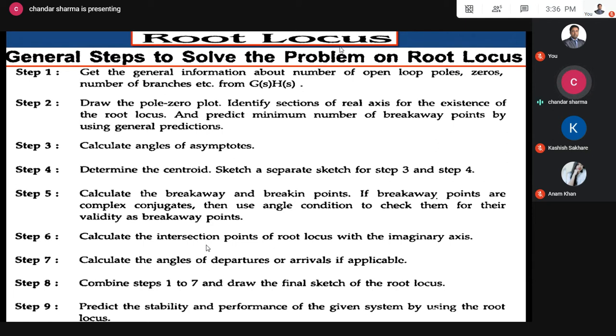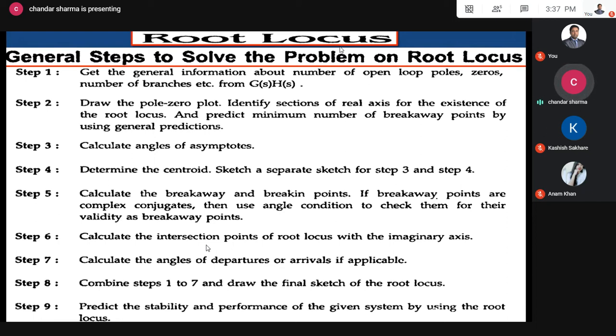The root locus technique is defined as the plot of loci of closed loop poles or roots of the characteristic equation when one or more parameters of the open loop transfer function is varied from 0 to infinity. And which parameter is varied? Generally, usually the gain K of the system is varied.